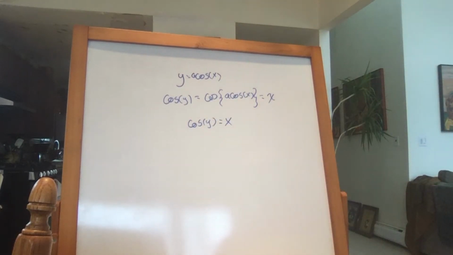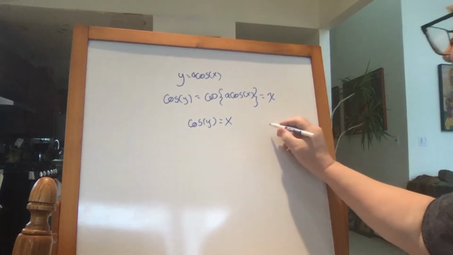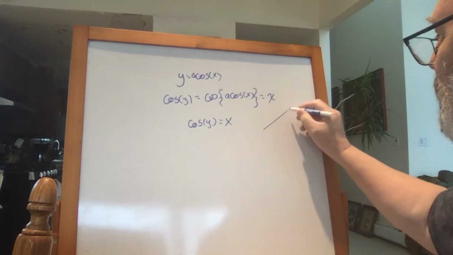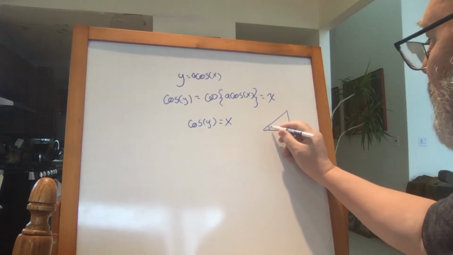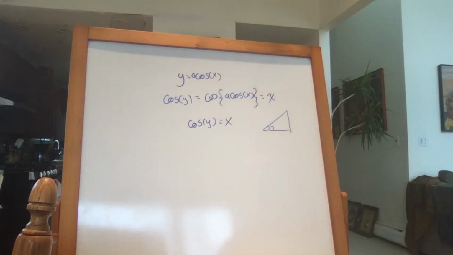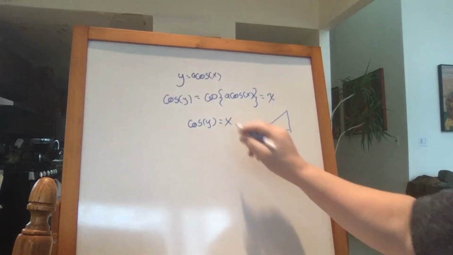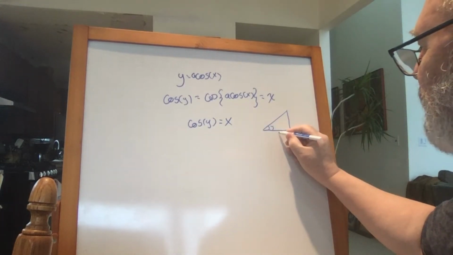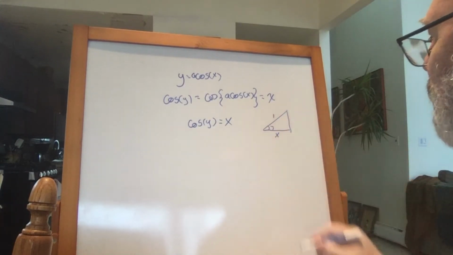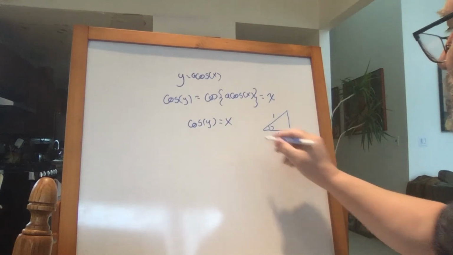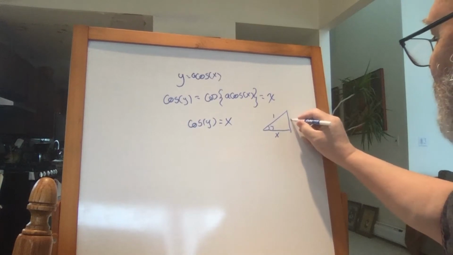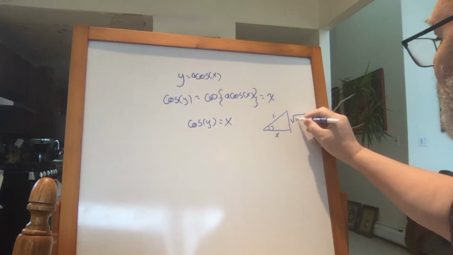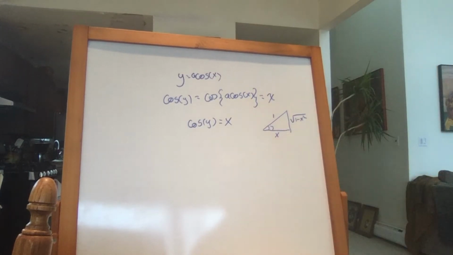This is that point now where it's very important that we stop and look. We've got x over 1. The cosine of y is x, and then that side's going to be the square root of 1 minus x squared, according to the Pythagorean theorem.